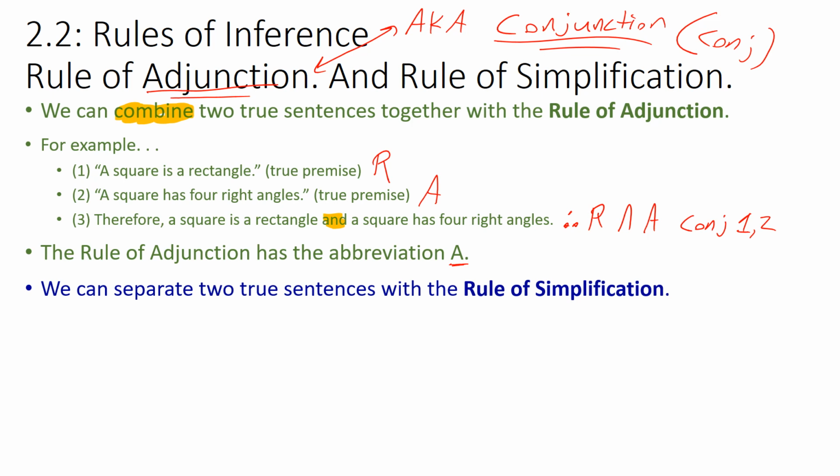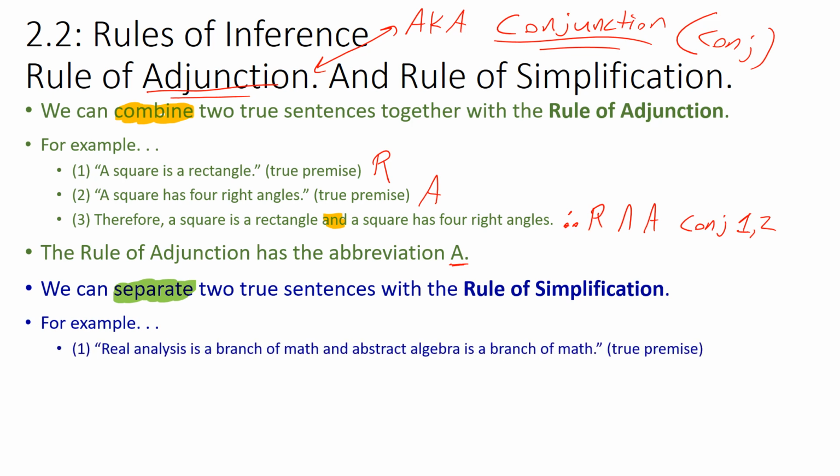Then we have the rule of simplification. Thankfully, all textbooks that I'm aware of use the same name, which is nice. Here we can separate two true sentences. We have a conjunction, say A and B, and then we can simplify it to get A. For example, premise: real analysis is a branch of math, and abstract algebra is a branch of math. Conclusion: therefore, real analysis is a branch of math.